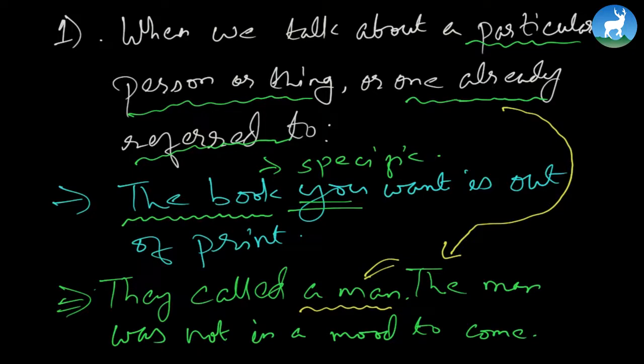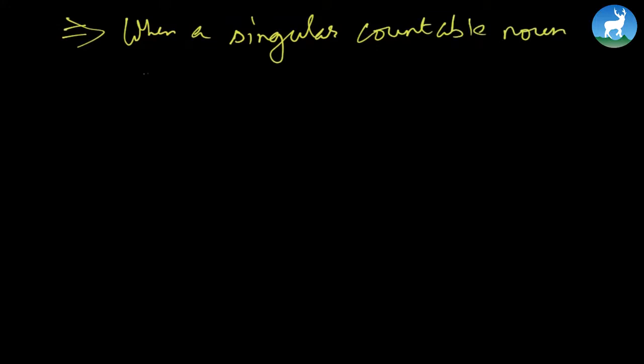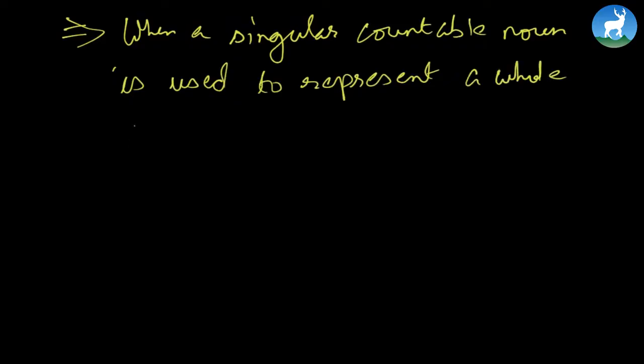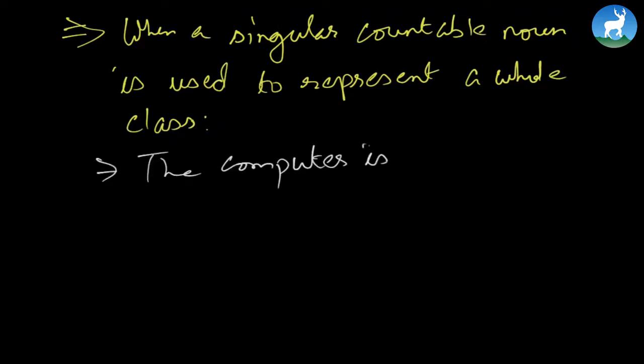And as we move further again, we have when a singular countable noun, mind you, countable noun, is used to represent a whole class. Again, don't worry about the definition. We'll clarify this with an example. For instance, the computer is a very useful invention.